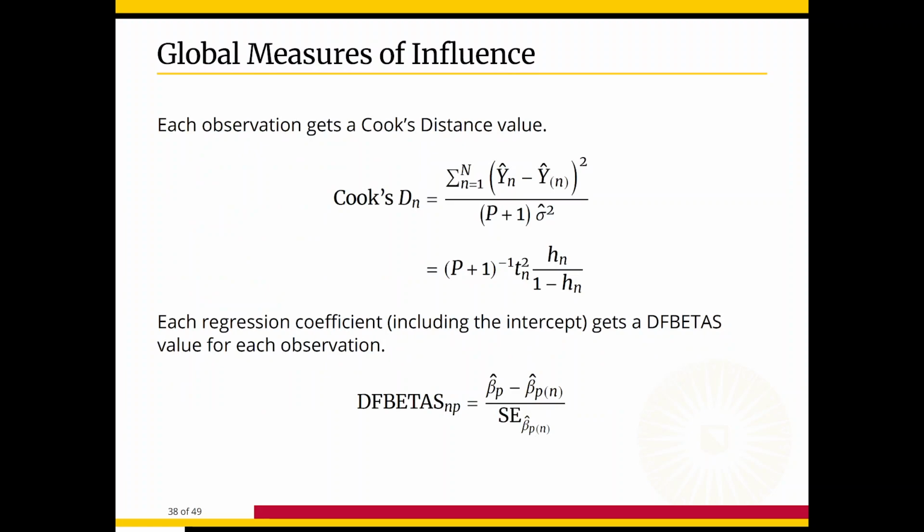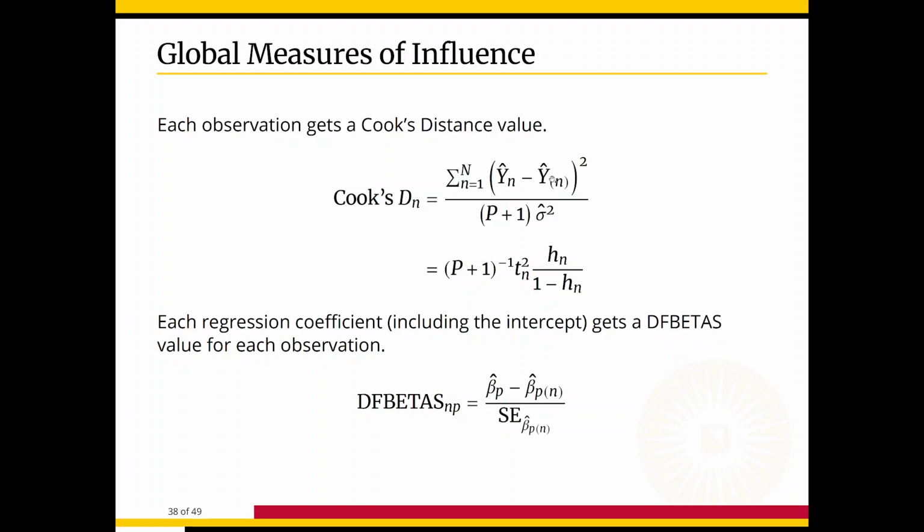So for those who are interested, these are the explicit formulas for the Cook's distance and the DFBETAS. The idea of the Cook's distance is that in the numerator, we calculate something like a sum of squared deviations, where we subtract the y hat values from the whole model with all of the observations from the deletion y hat values.